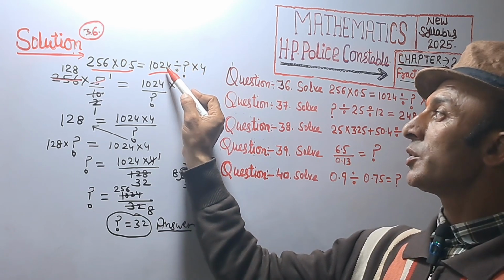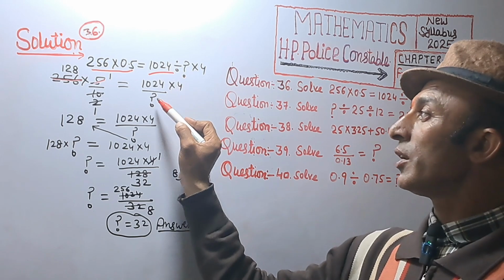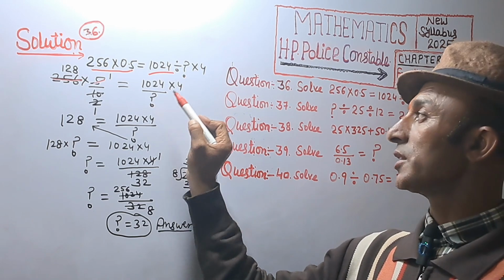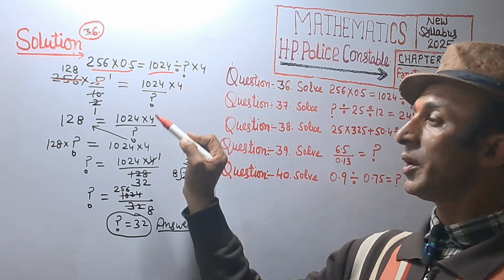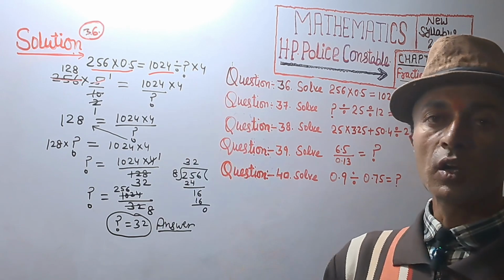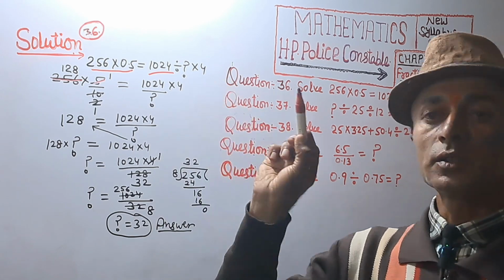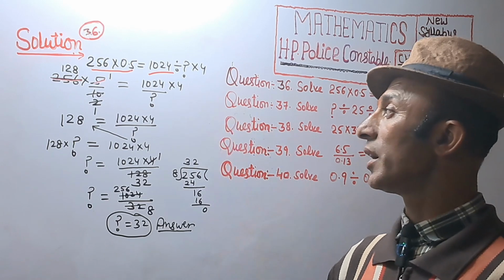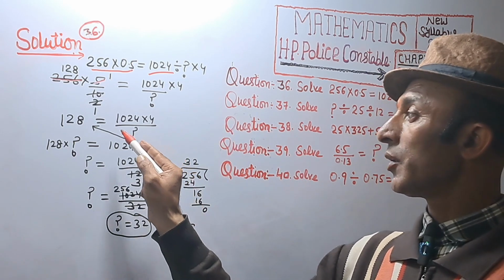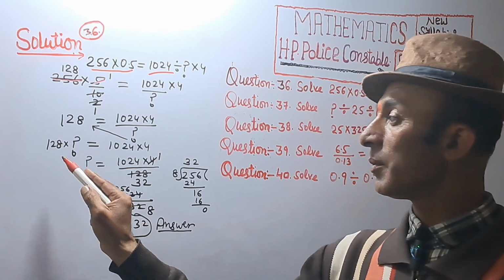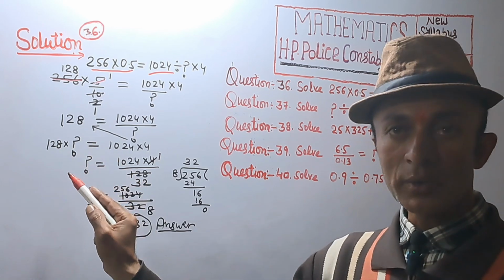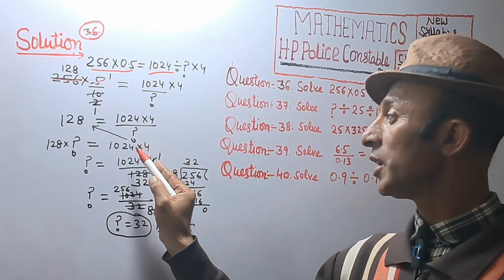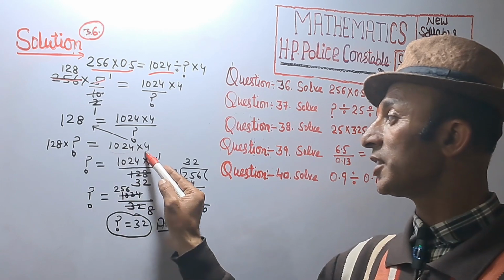So 1024 divided by sign of interrogation. Divide change into multiplication and reciprocal of sign of interrogation is 1 upon sign of interrogation multiply by 4. So sign of interrogation multiplied by left side, that will be 128 sign of interrogation equal to 1024 into 4 as it is.